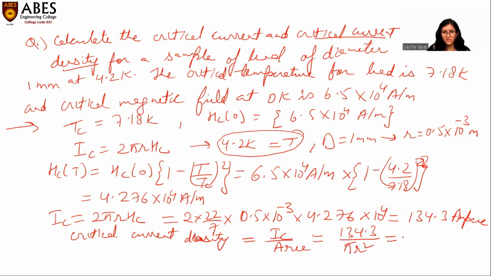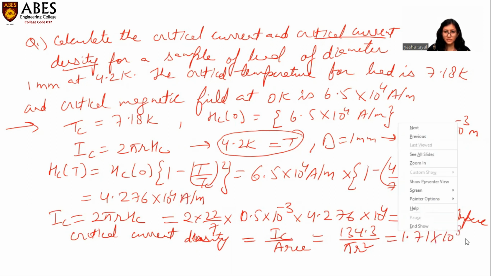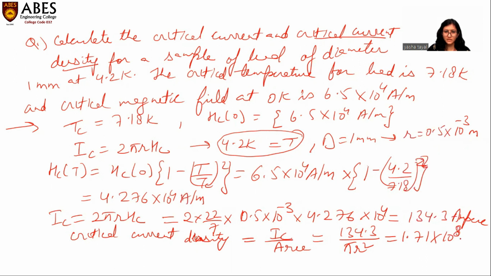We will solve this and obtain the value as 1.71 into 10 to the power 8 amperes per meter square. This is the value of current, and here is the value of critical current density.